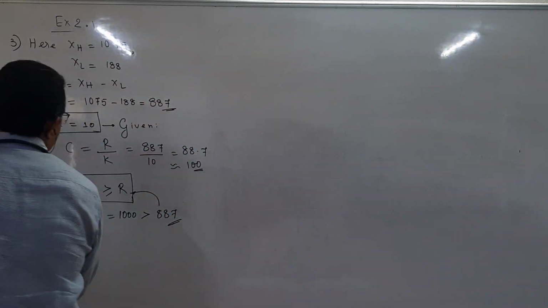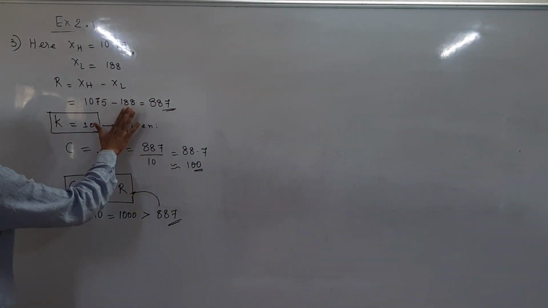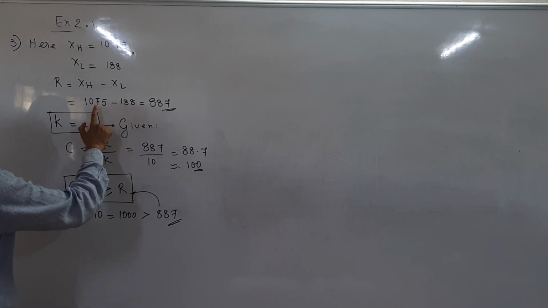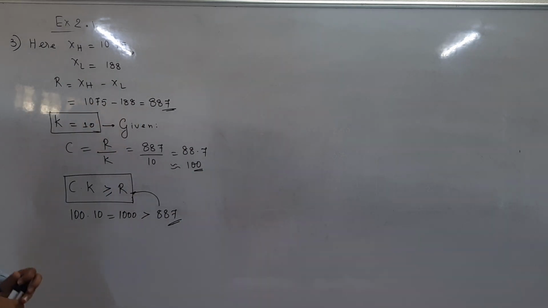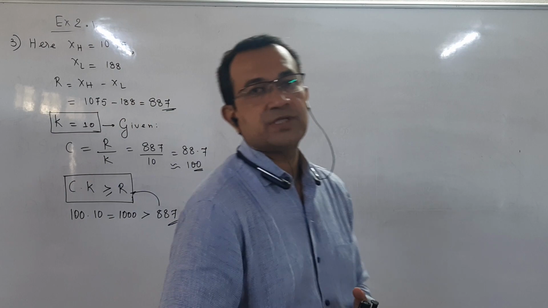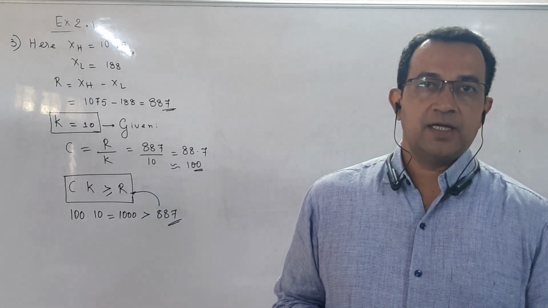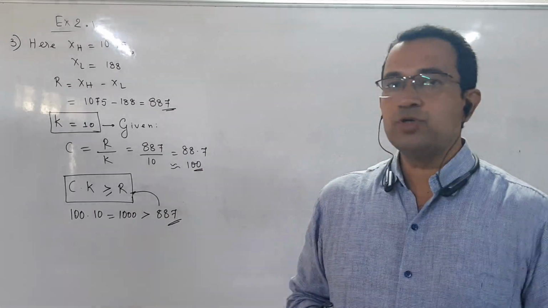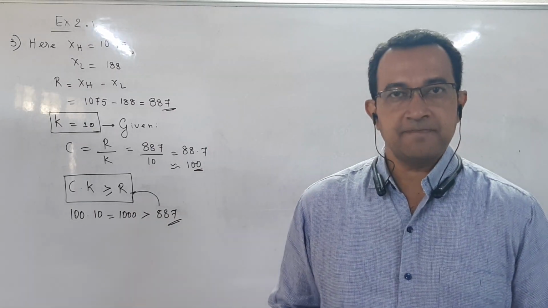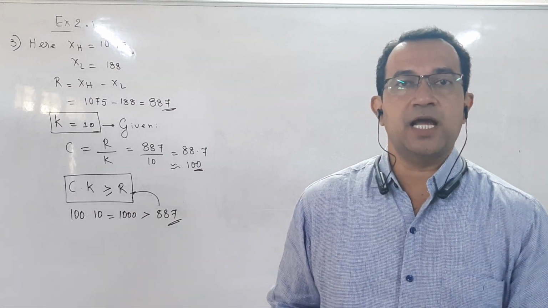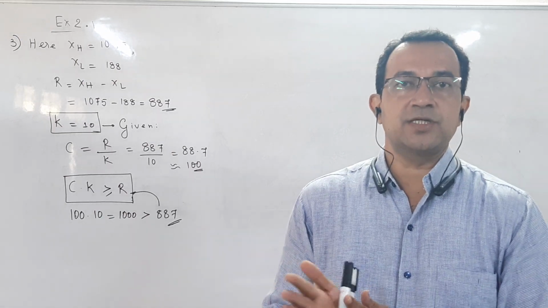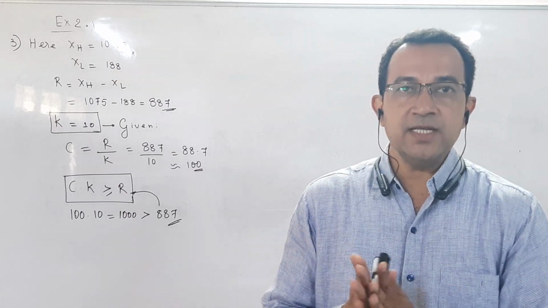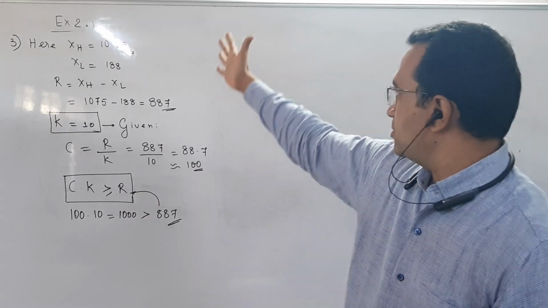So our first class limits must include 188 and our last class limits must include 1075. So this was the basic.